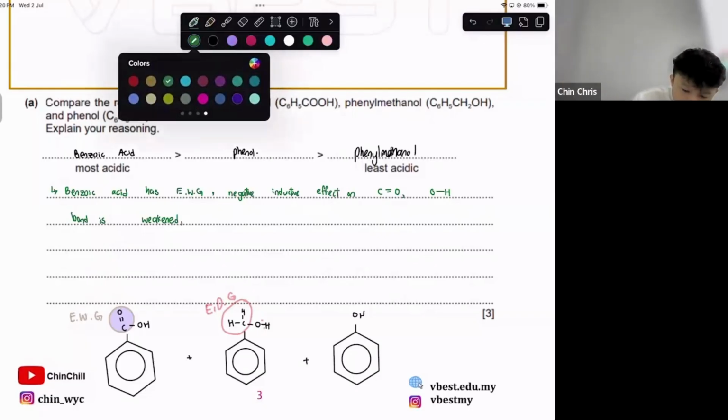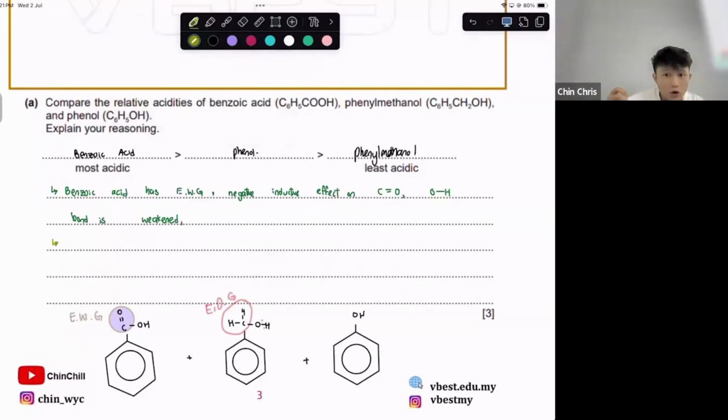What about the second one? What about phenol methanol? You don't need to talk about phenol. Usually we always ignore the middle one. We should talk about the strongest and the weakest. Guys, phenol methanol has what? Electron donating alkyl group, right?